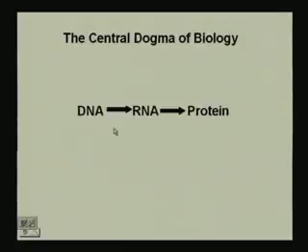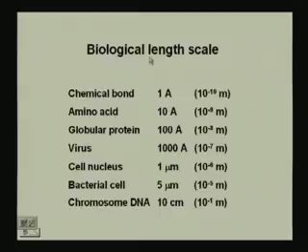So, if we look at just some idea of the biological length scale, we have looked at chemical bonds, something that you have looked at for a long time now. They are in the order of angstroms. If we look at amino acids, they are in the order of tens of angstroms. When we look at proteins, they are in the order of hundreds of angstroms.